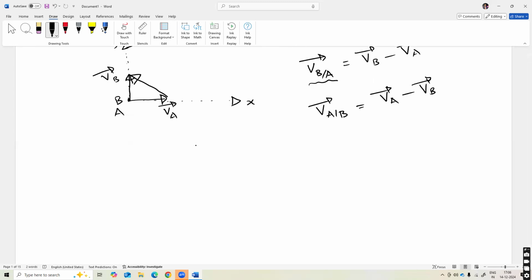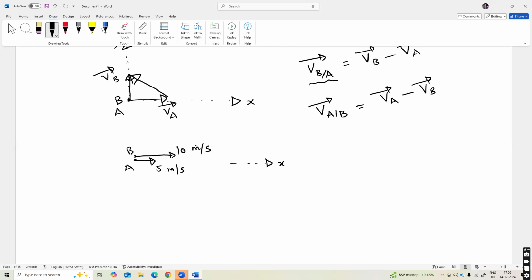Now consider, here is A and here is B. A is moving in the x direction with velocity 5 meter per second, and B is moving in the x direction with velocity 10 meter per second.